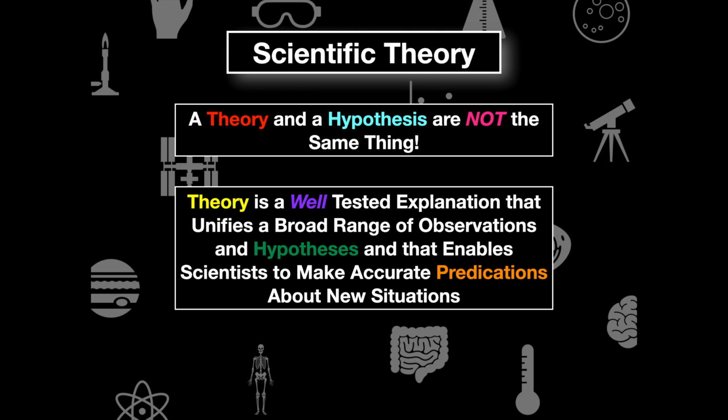Now, lastly here, a key thing that we have to understand. A scientific theory is not the same as a hypothesis. A theory is a well-tested explanation that unifies a broad range of observations and hypotheses and that enables scientists to make accurate predictions about new situations.